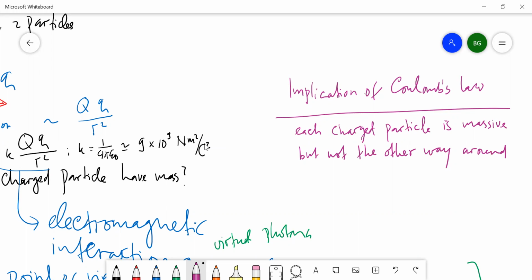It means that each charged particle has a mass, but not the other way around.